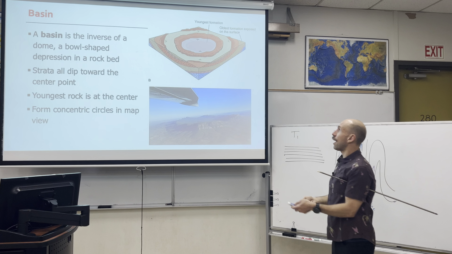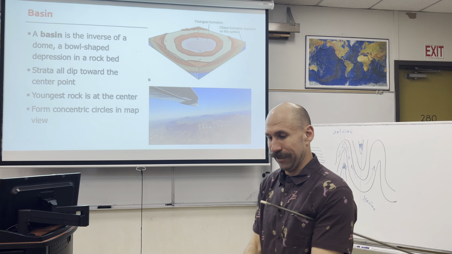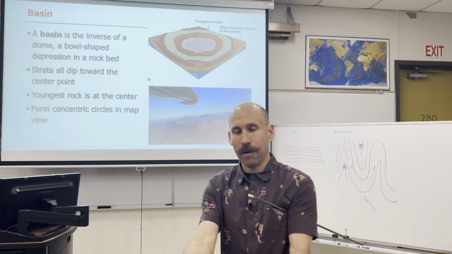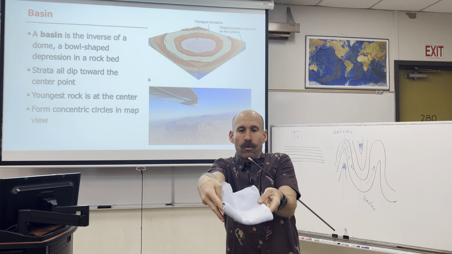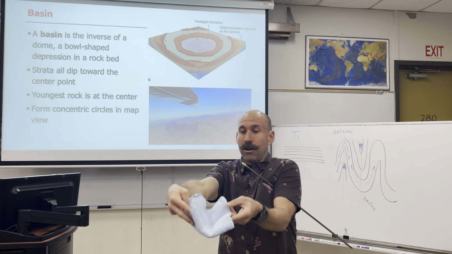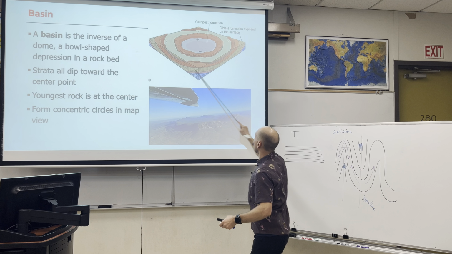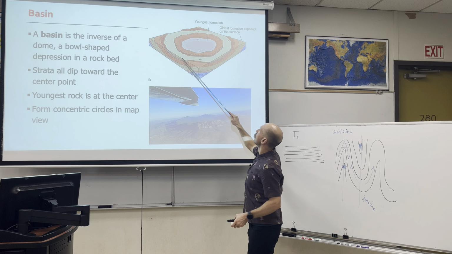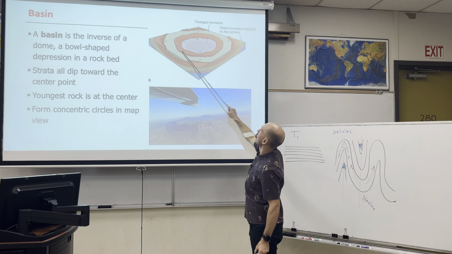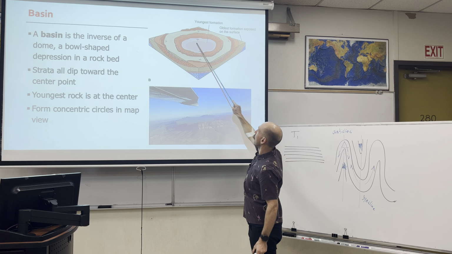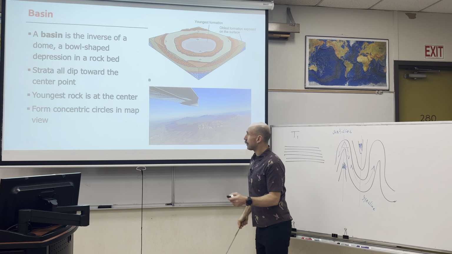Now this contrasts to basins, where you have the opposite. You have a down warping on all 4 sides that we could see here. So now the layers are down warping. But what you get is the youngest layers in the center and the oldest layers on the outside. So it's exactly opposite.